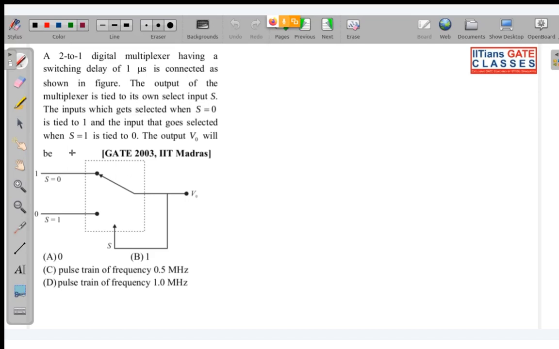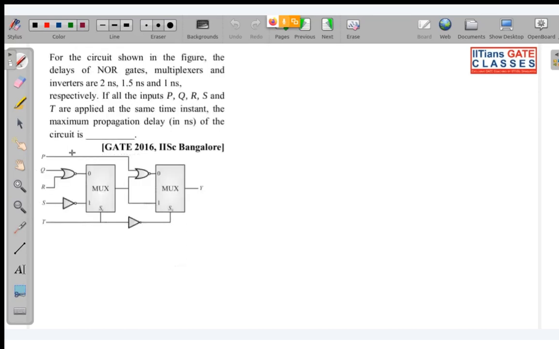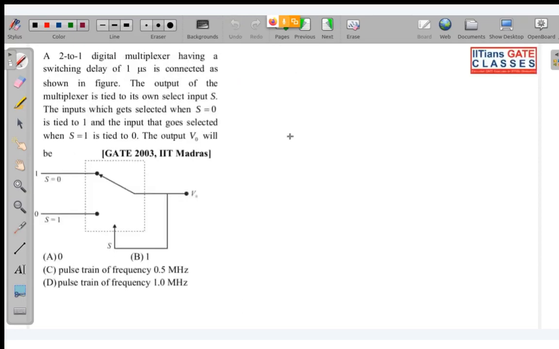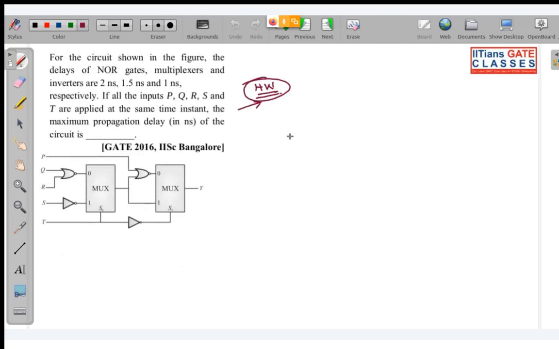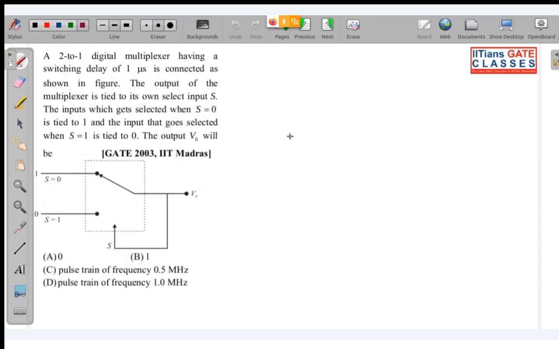I want an answer for this question. Next question, I will give it as homework. This is a very good question and I want you to think about it. Don't copy it from somewhere. Don't look for solutions. So this question we will solve in the next class. This is a very good concept. But I want you to solve this question right now.